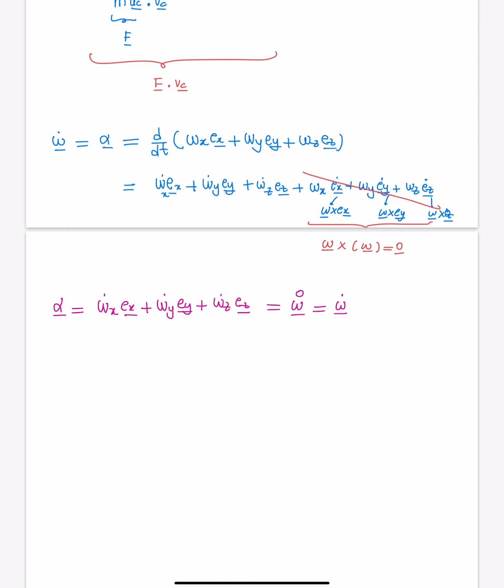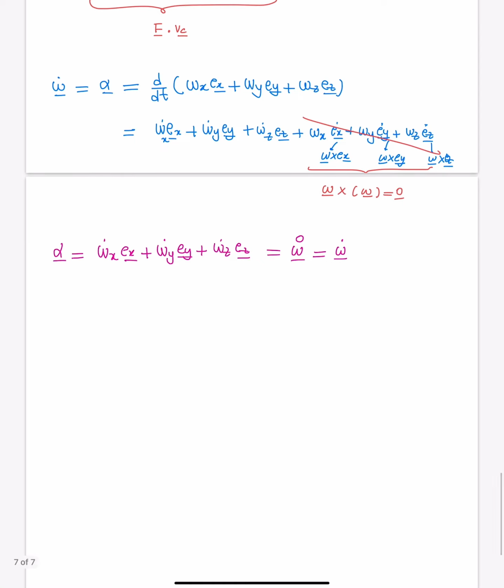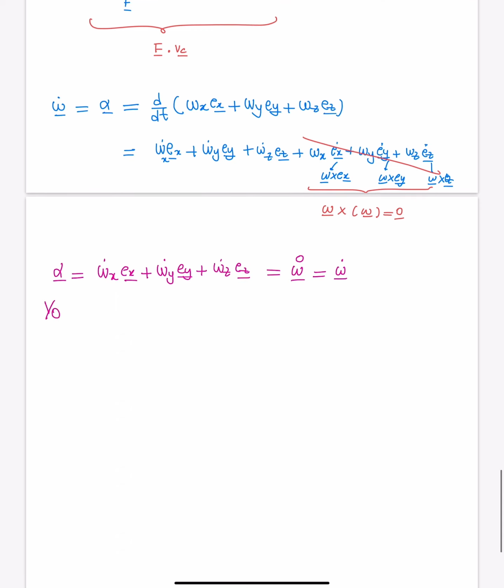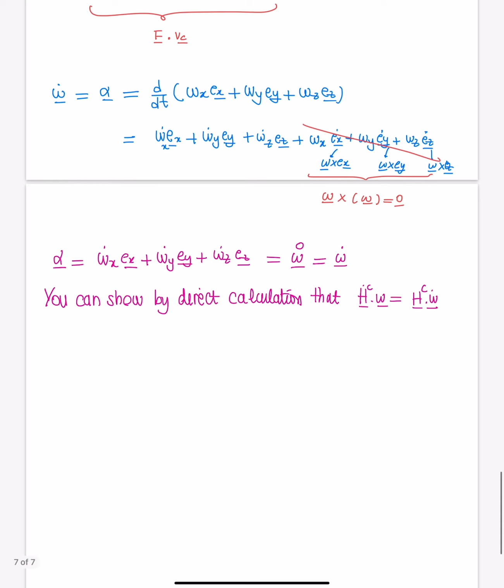Okay, cool. And then you can show by direct calculation that h dot omega is equal to h dot omega dot, or h dot alpha. You show that just by direct calculation. So you have to calculate the expression of hc and put that in there.